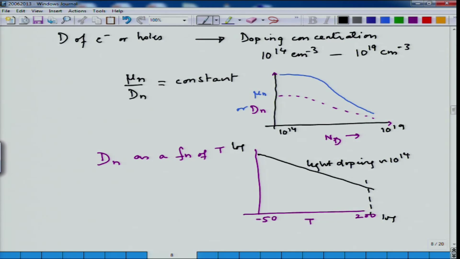But if I increase the doping concentration, then the same dependence might be more flat, and this is for heavy doping, approximately 10 to the power 19.